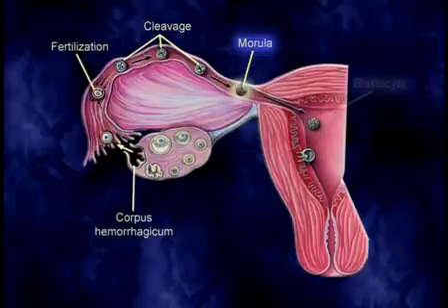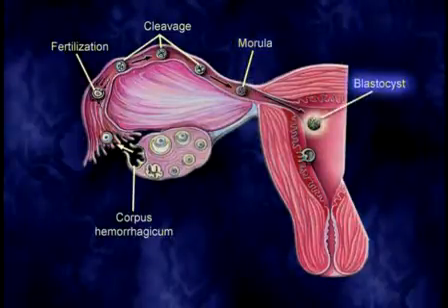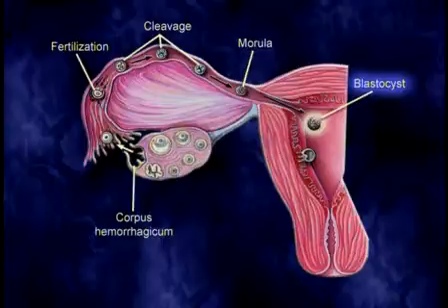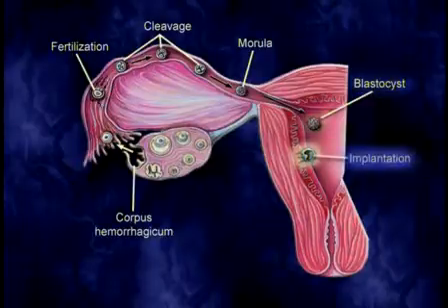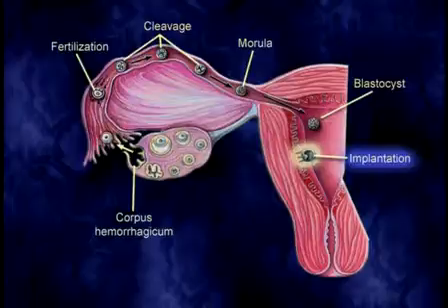Then something called a blastocyst, which is a sphere of cells with a hollow center, occurs sometime after the 5th day. And then toward the end of the first week, the blastocyst will implant into the side of the uterus.